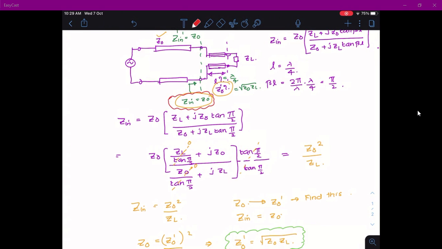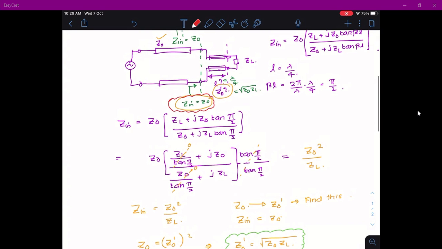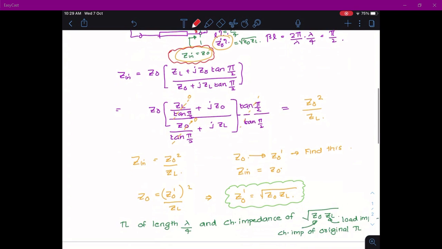So the generator will see a load impedance of Z0, which is a match condition. In this match condition, there will not be any reflected wave from the point, let's say this is the AB point, and you will have maximum power transfer.